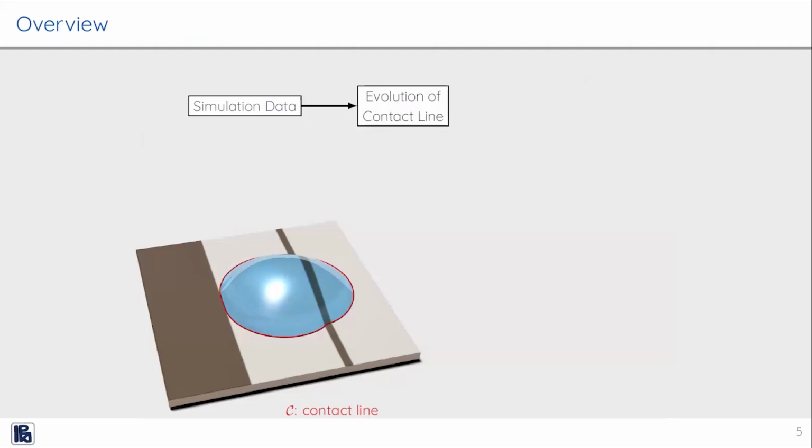So our effort here is to simulate relevant configurations, extract the evolution of the contact line, and feed this data into a machine learning model to obtain a surrogate low-order model. And somewhere here, we will also introduce this prior physical knowledge that we have.